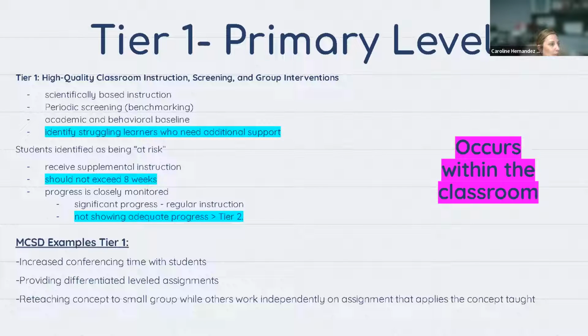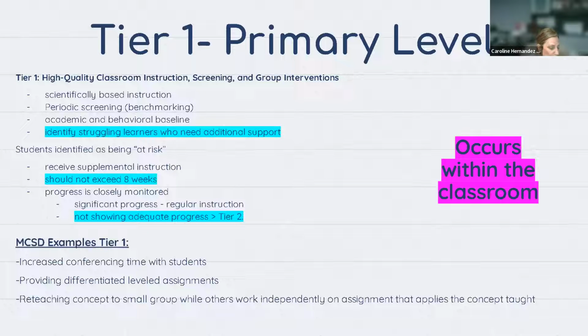So once we identify a student as being at risk of not meeting grade level expectations, we're going to apply some supplemental instruction. This type of instruction should not exceed an 8-week period and should be monitored closely. And that progress should be collected in the form of data. So this is typically not more of the same, but it is a different research-based approach to teaching the same targeted skill so that a student may be successful in a different way.